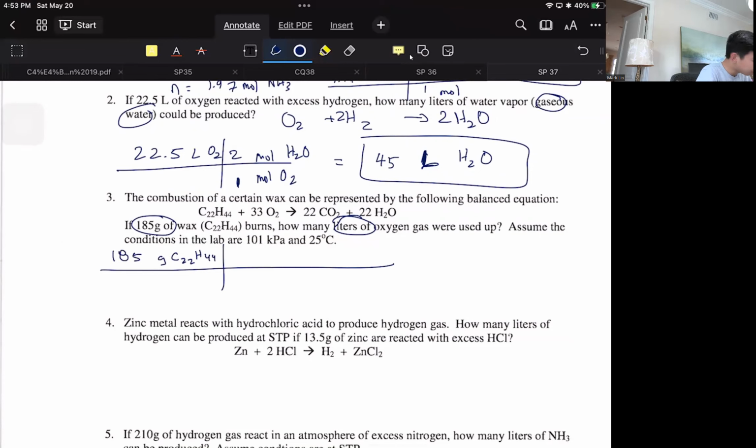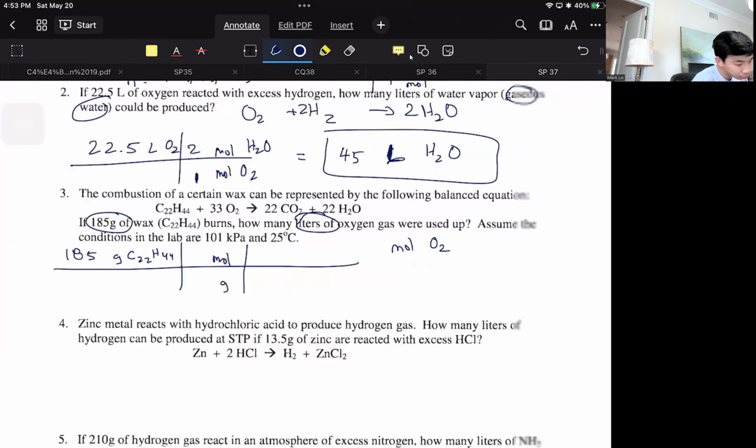From 185 grams of C22H44, you want to get the moles of O2 in the end. And to get from grams to moles, you have to find the moles of C22H44. So it's grams to moles.